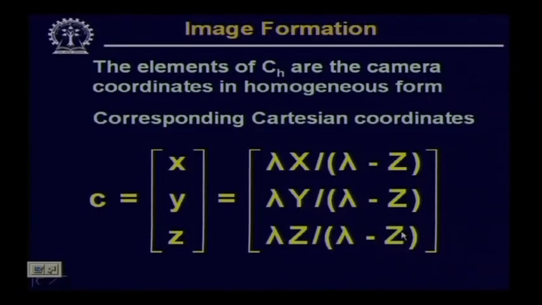Now, if I convert this homogeneous camera coordinate to the Cartesian camera coordinate, I find that the Cartesian camera coordinate is given by c equal to small x, small y, small z, which is nothing but lambda X divided by lambda minus Z, lambda Y divided by lambda minus Z and lambda Z divided by lambda minus Z.